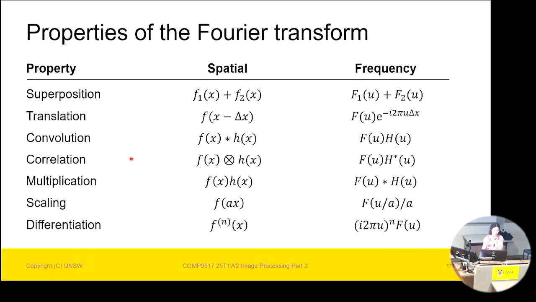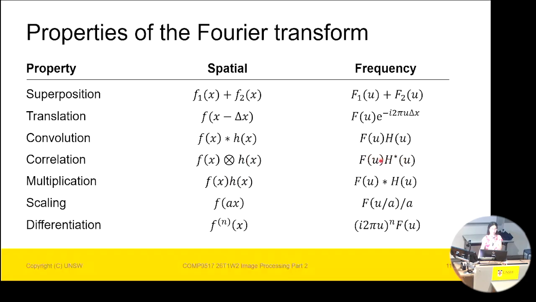And the correlation. Correlation we also mentioned last lecture. So with convolution, you flip the kernel and do the multiplication and sum. With correlation, you just don't flip it, just directly do the multiplication and sum. So typically we use this symbol to represent correlation. So if it's correlation in the spatial domain, then in the frequency domain it is this.